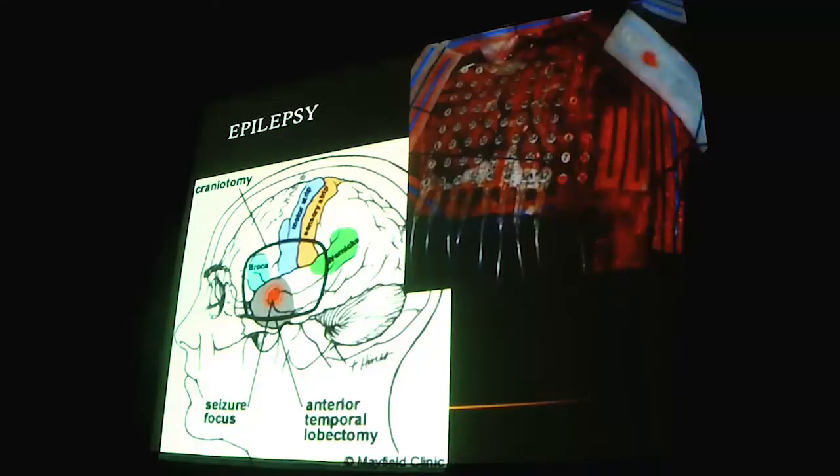So the modalities that we use, again, in cases like this: SSEPs, MEPs, both transcranially and transcortically, direct cortical motors, EEG, electrocorticography, sensory motor localization, and possibly speech mapping if you're doing it for the temporal lobe. This is from a case that I did a few years ago.